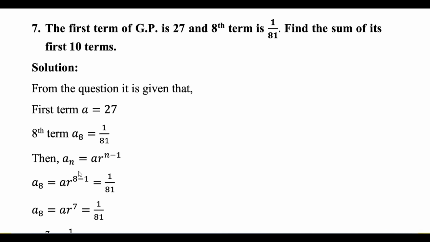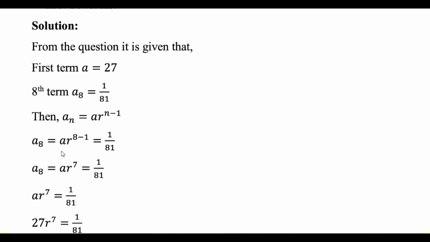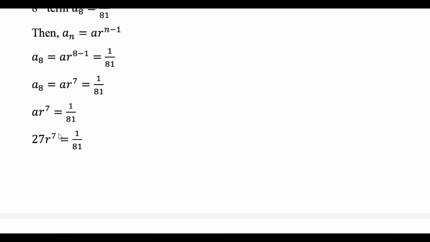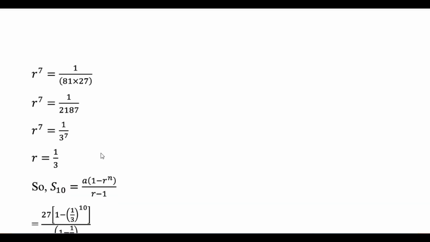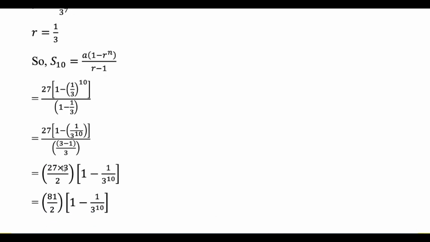So a_n is ar to the power n minus 1, that is a8 is equal to 1 by 81. After a little bit of calculation, it comes to 27 r to the power 7 is equal to 1 by 81. r to the power 7 is equal to 1 divided by 81 into 27. That comes to ultimately r is equal to 1 by 3.